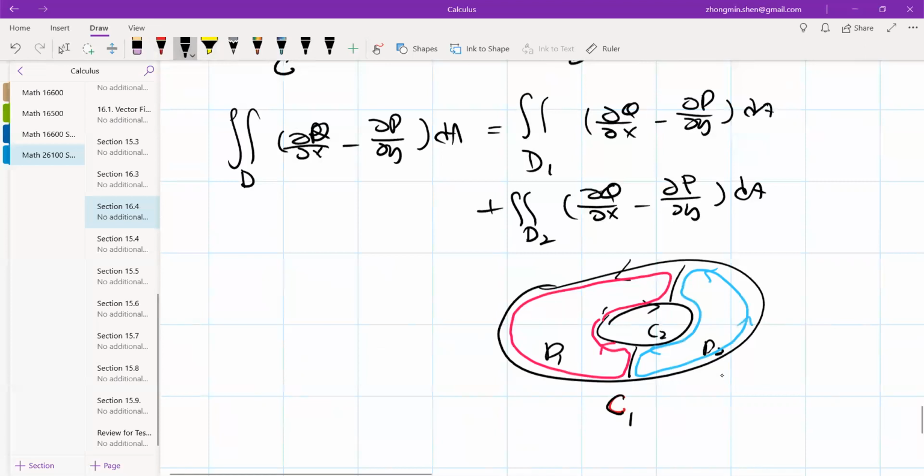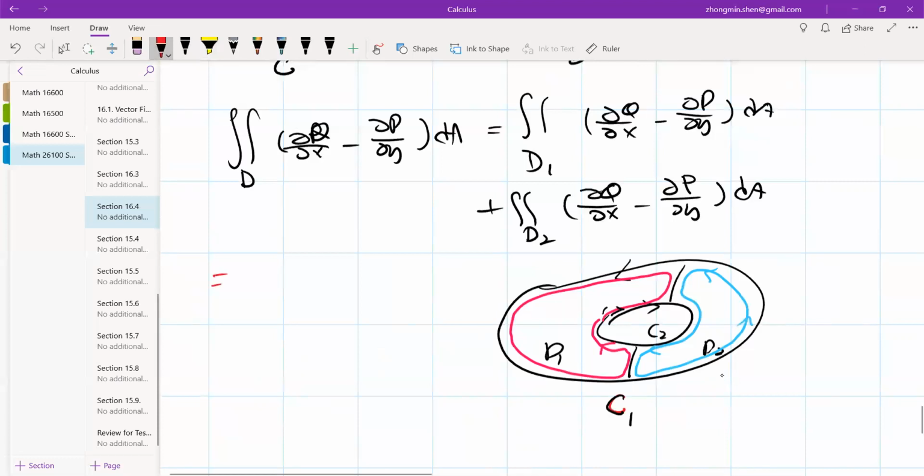That's a curve C2. It's the inside one, right? It's clockwise, and the outside is counterclockwise. You can see why the inside one has to be counterclockwise, because when you look at D1, when you go counterclockwise, then here must be, you see they match the same direction, right?